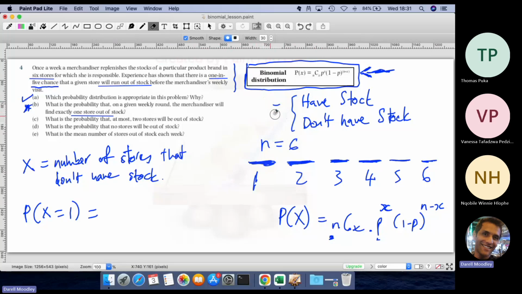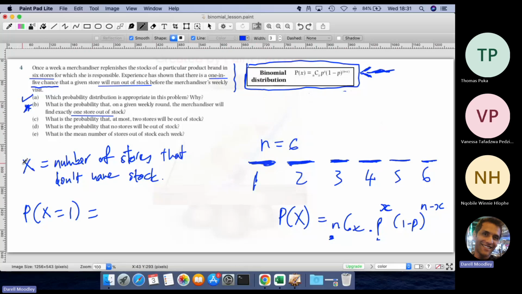Then there's another letter in that equation, which is p. Now p is simply, if you look at what X is, the number of stores that don't have stock. So p is the probability of a store not having stock. If you read the question, it tells you that value of p: experience has shown that there is a 1 in 5 chance that a given store will run out of stock.